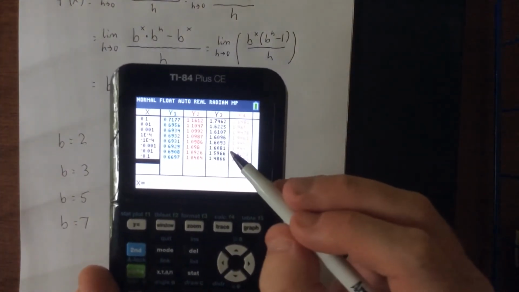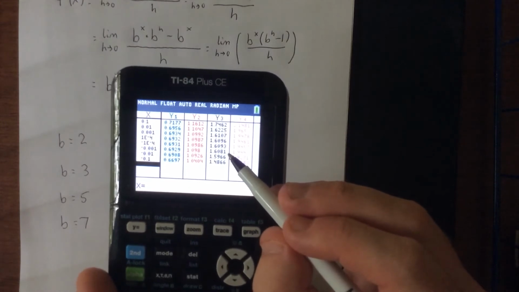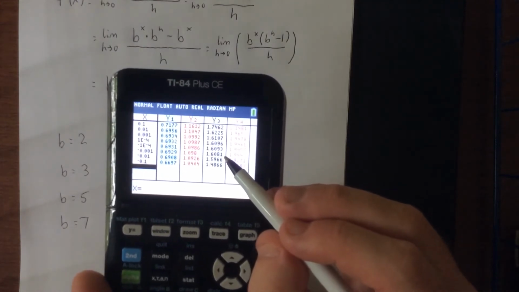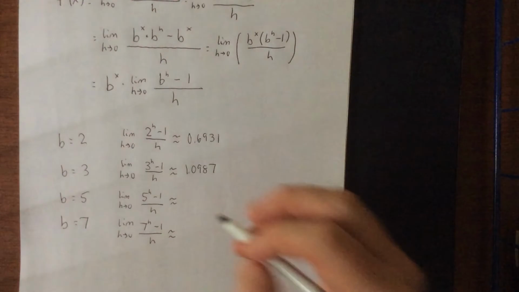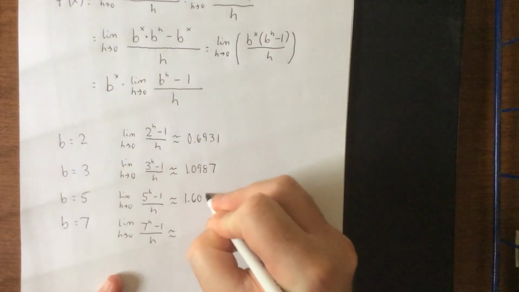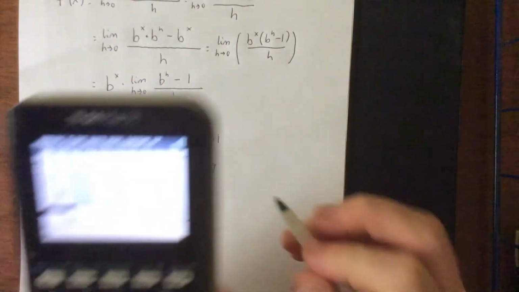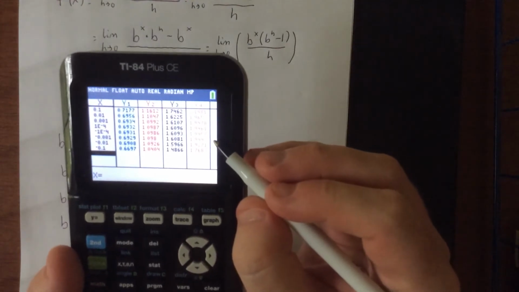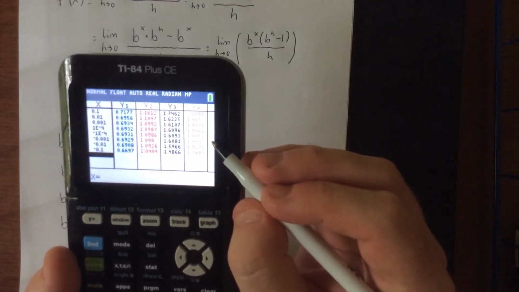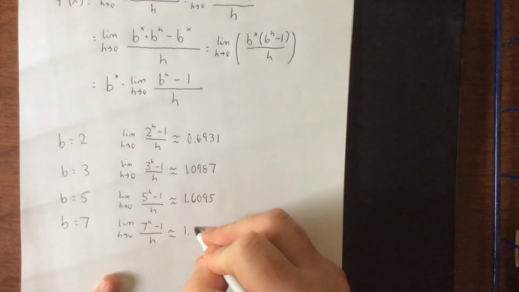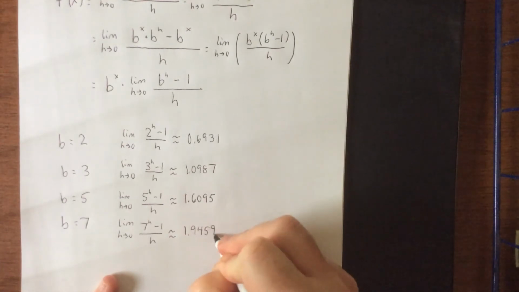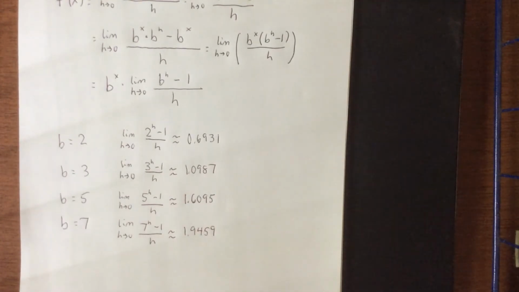For the third one, looks like about 1.6095. And finally, about 1.9459. Now, my guess is that regardless of how long you've been working with math, you don't necessarily recognize any of these numbers. I certainly didn't the first time.